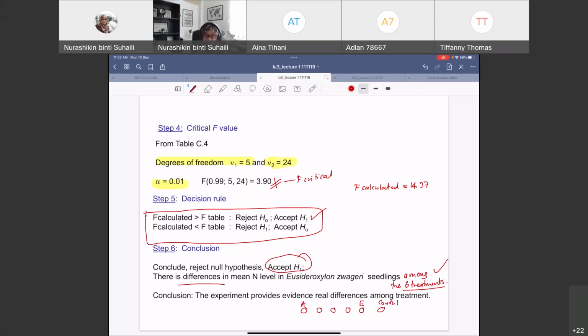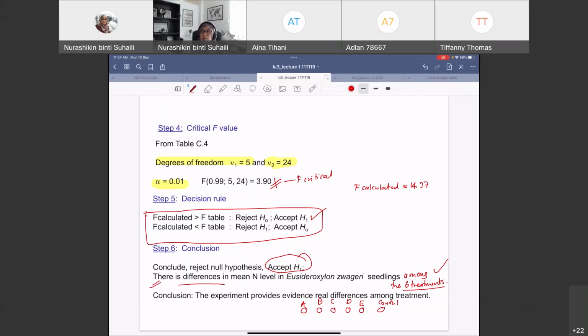Is it between A and B? Is it between B and C? Is it between C and D? D and E? E and control? Or control and B? We do not know where actually the difference lies. So the statement that we construct here for the conclusion is very generic.